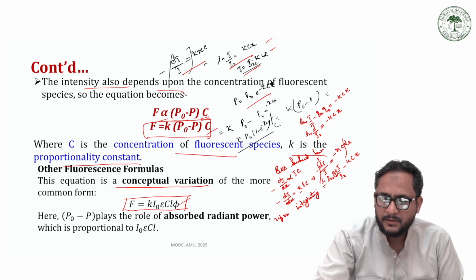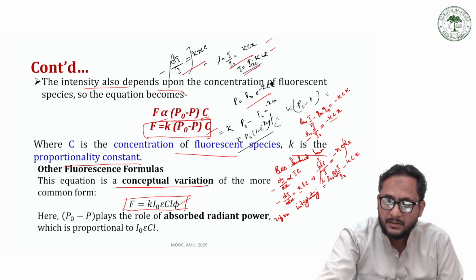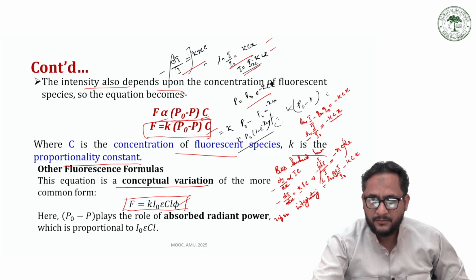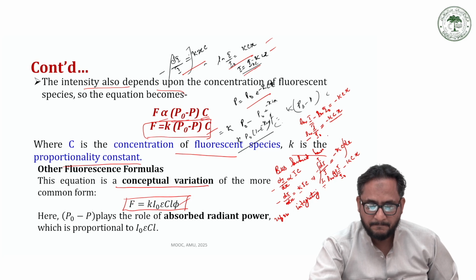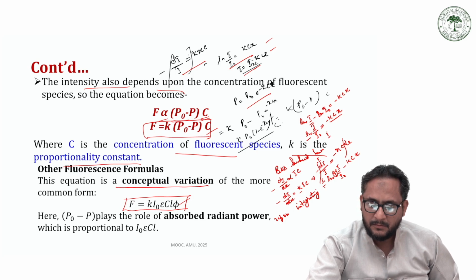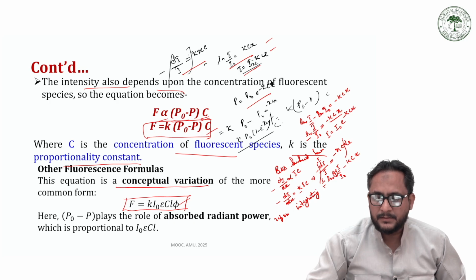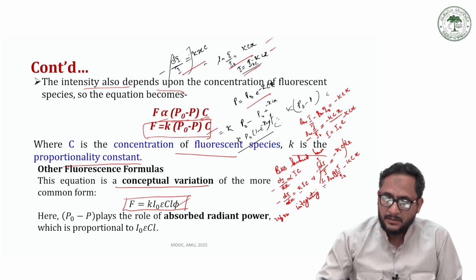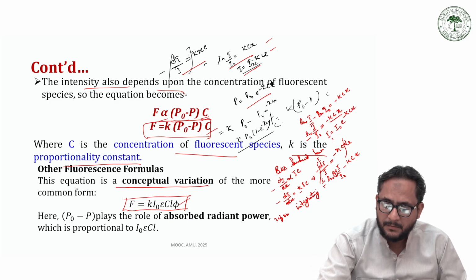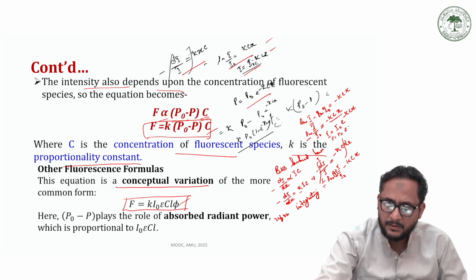If we remove the log, the other term goes to the power of e. So I will be equal to I naught e to the power minus k c x. If intensity is represented by P instead of I, the equation will be P is equal to P naught e to the power minus k c x.